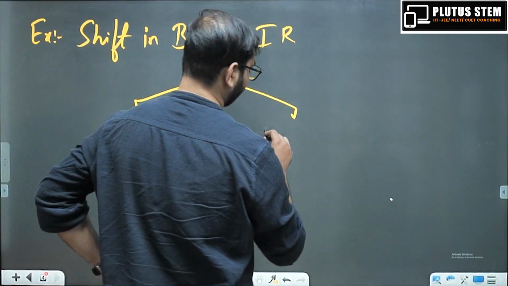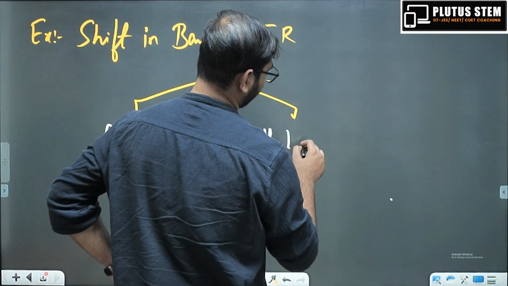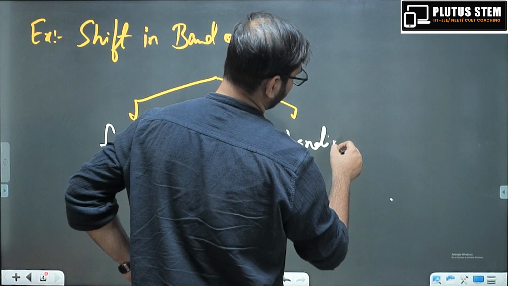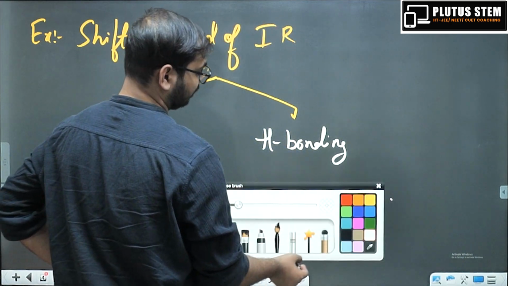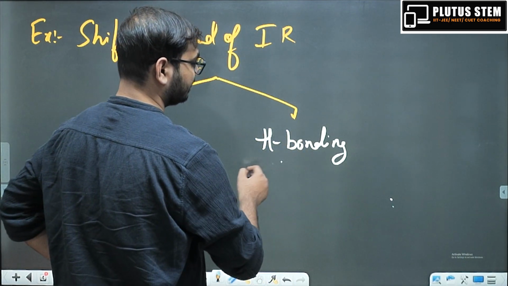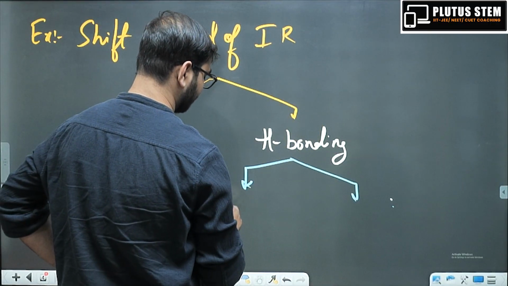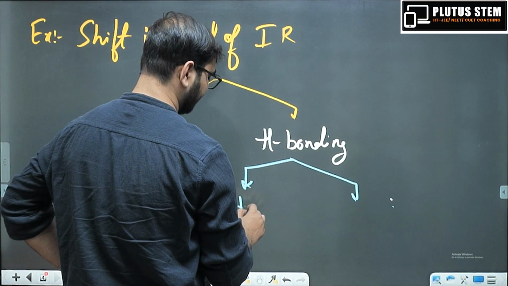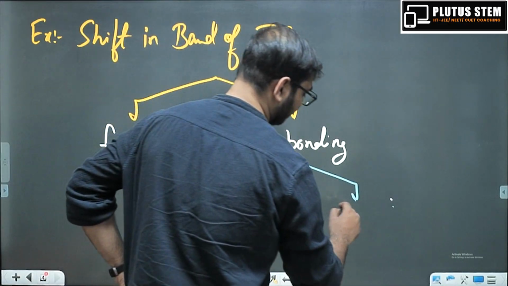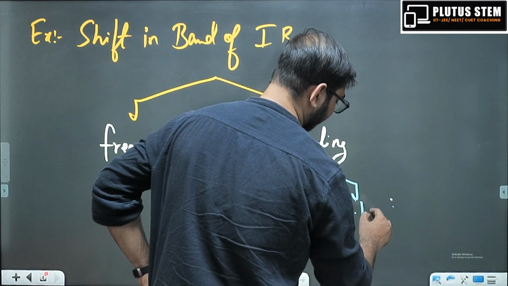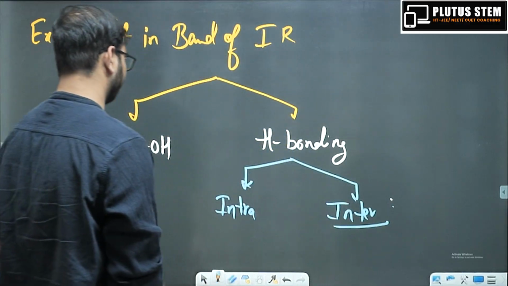Then you have molecules which are involved in hydrogen bonding, which can further be separated into two types: one hydrogen bonded intramolecularly and the other hydrogen bonded intermolecularly.